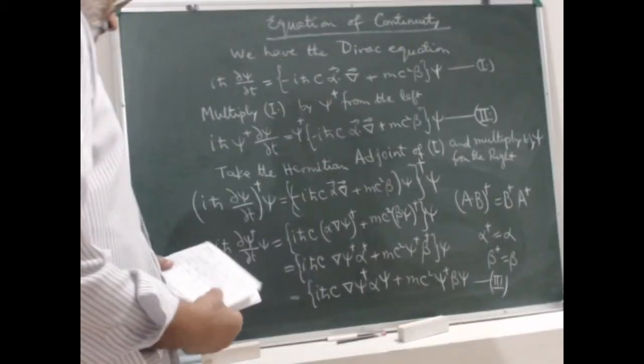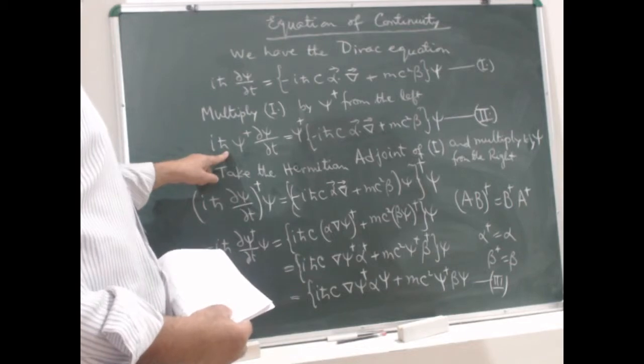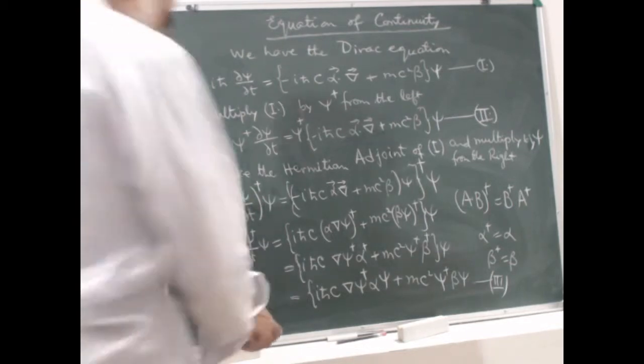Now subtract 3 from 2. So this is 2, this is 3, subtract this from this.